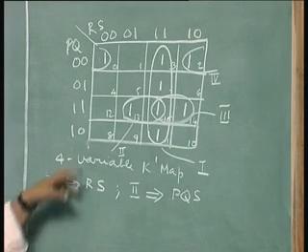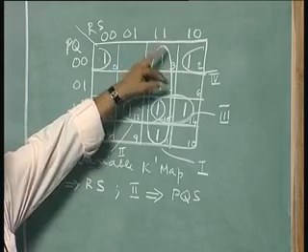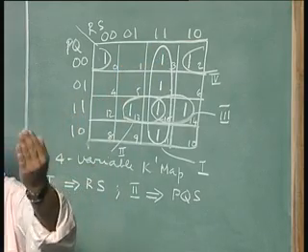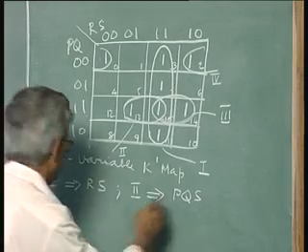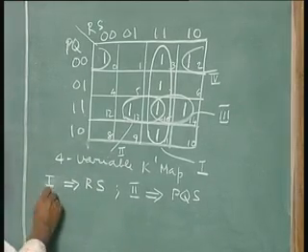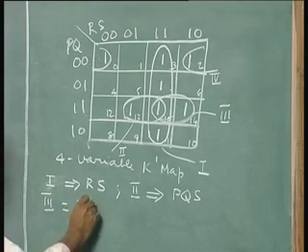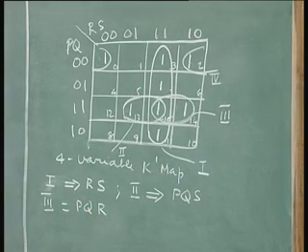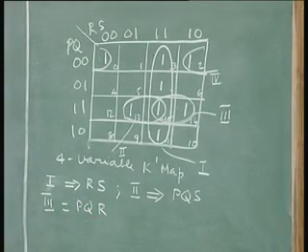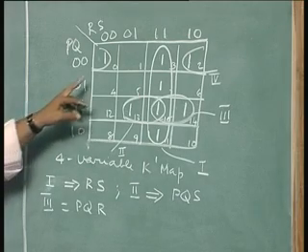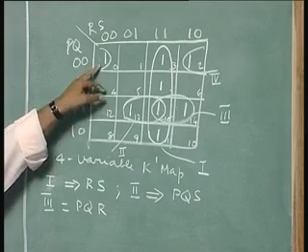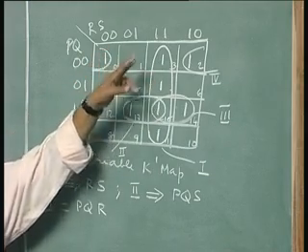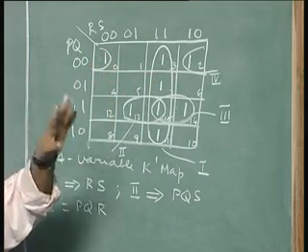Group 3, same argument: PQ, R remains 1, S changes from 1 to 0, S gets knocked off, R remains. So, 3 is PQR. Finally, the fourth one is P Q 0 0, R is 1 here, R is 0 here, R is 1 here, R gets knocked off, S remains 0.